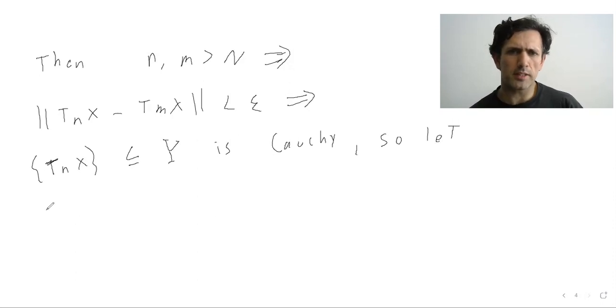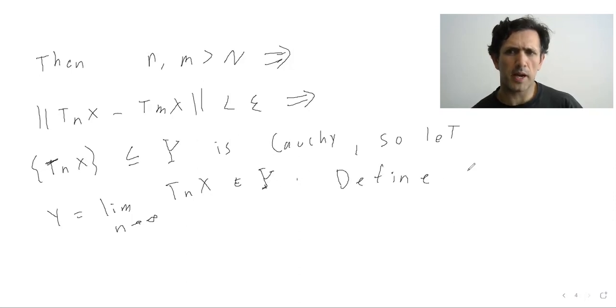Okay, so we know this limit exists, so let's denote the limit as y, whatever it is. All right, so let's define a map from big X to big Y by Tx is this element y, whatever it is, this limit here.